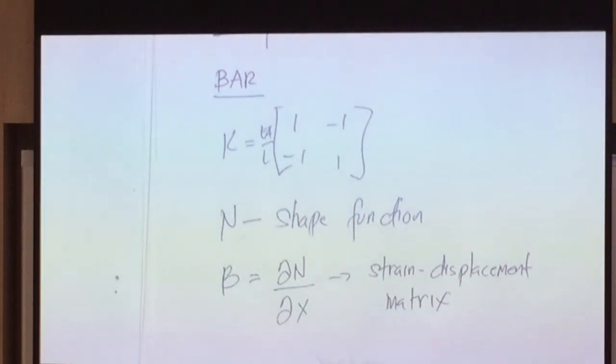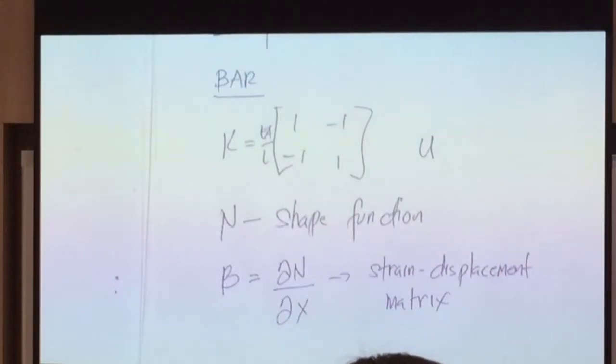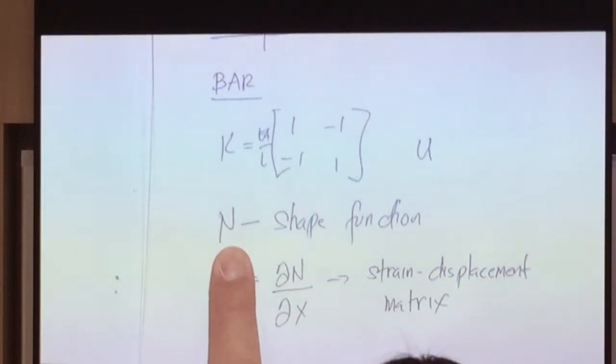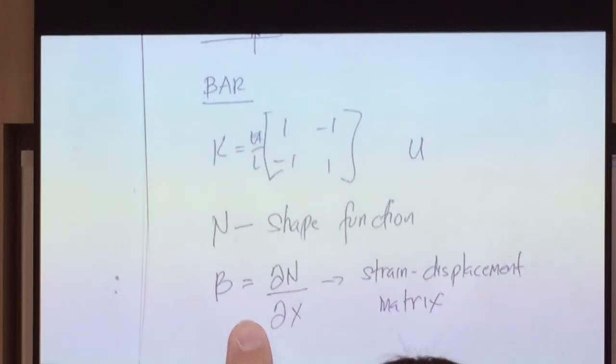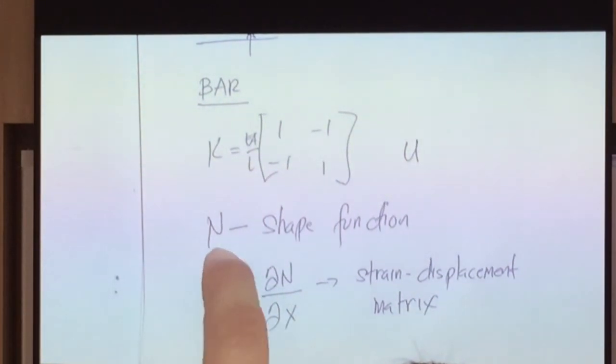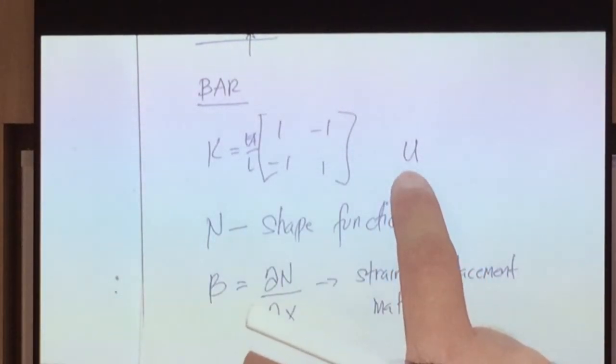What else should we know? Of course, we have U. U is the displacement. It's a displacement function. So your strain displacement matrix is a function of your shape function, and your shape function is a function of your displacement.